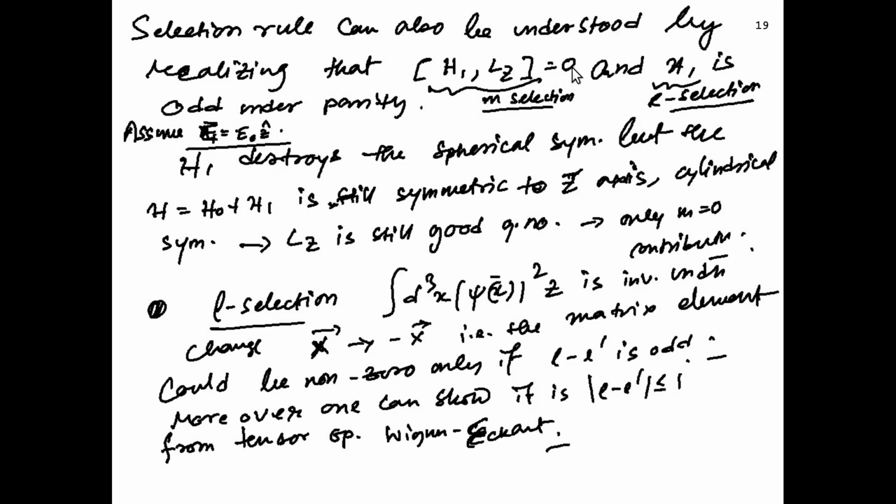This part gives me the M rule, delta M M prime, because M_z is now a good quantum number even in the presence of the perturbation. And the L selection comes because it is odd under parity.